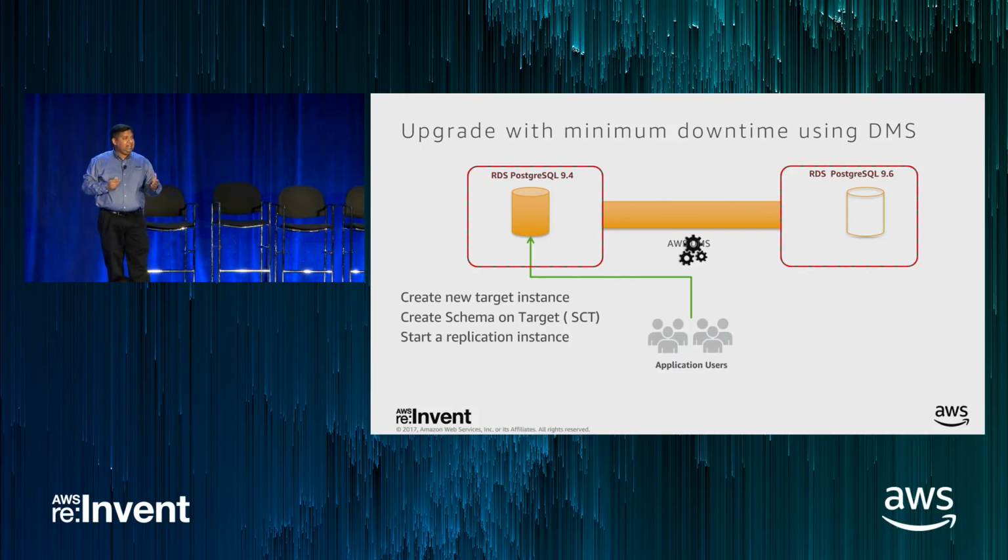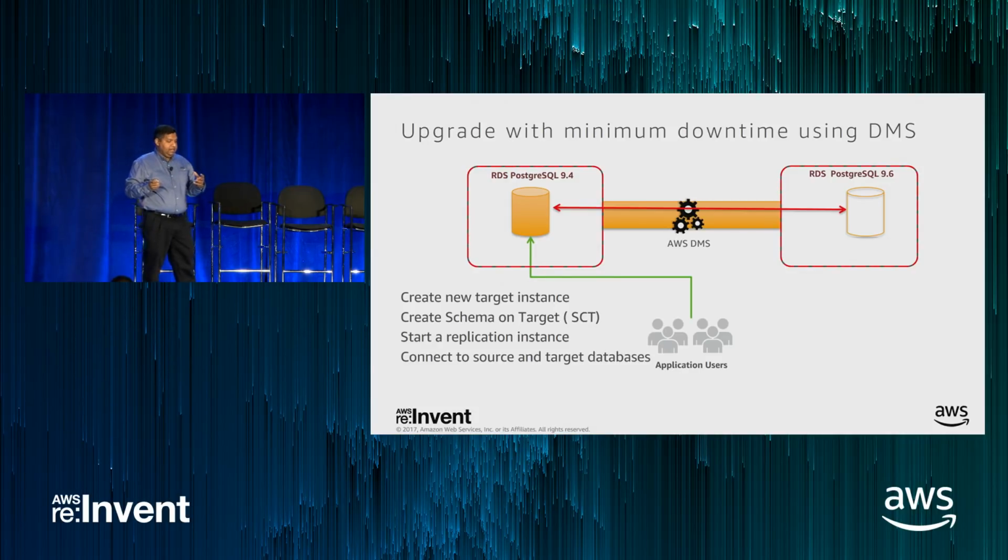And then you create a replication instance of DMS, and connect source and target. So basically, for that replication instance of DMS, you say, here's my source, here's my target. And then, once you have selected that, you select what database you want to move. DMS gives you more fine-grained control on what data you want to move.